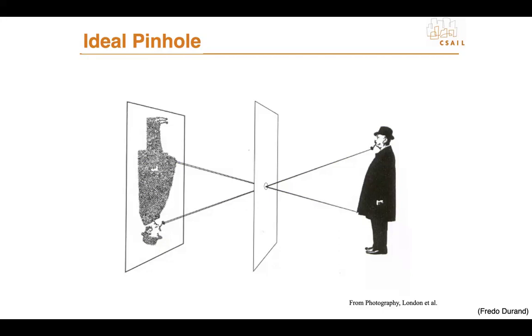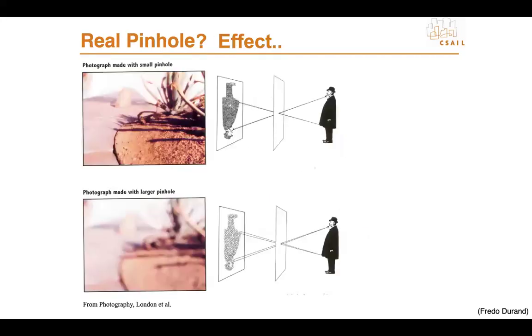But in practice, real cameras don't have this infinitesimal hole. We have a real pinhole, and a pinhole is an aperture that has a size, right? If you have a very small pinhole, we direct the rays very nicely to the sensor, and we have a sharp image.